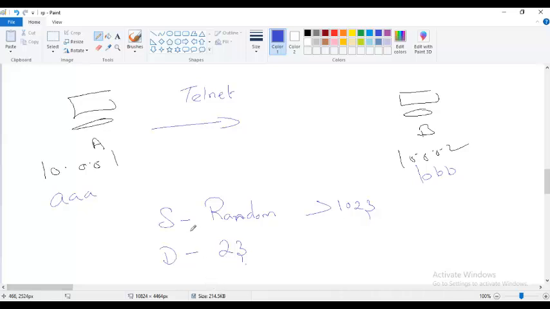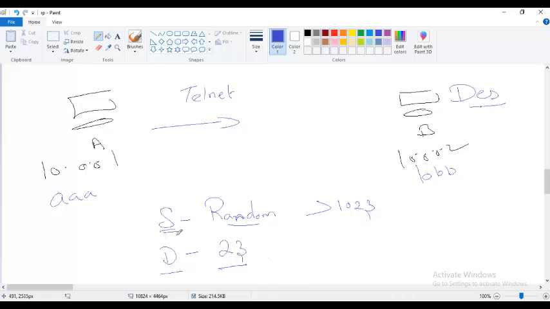See, the source port number is a random number. Destination port number, meaning when the destination receives the packet, by seeing 23, it understands A is looking for a telnet session. So 23 is a reserved port number.